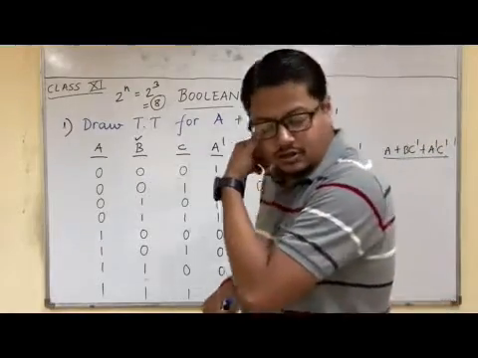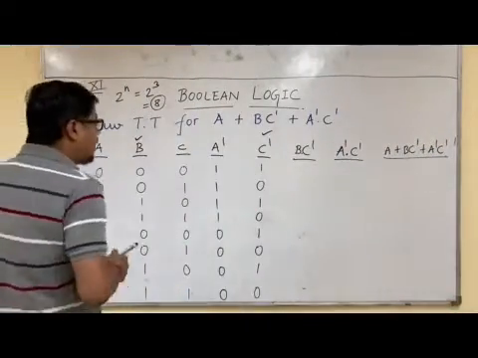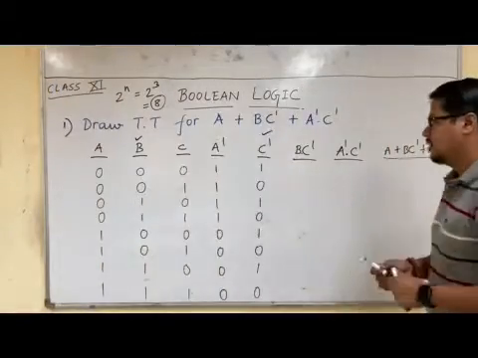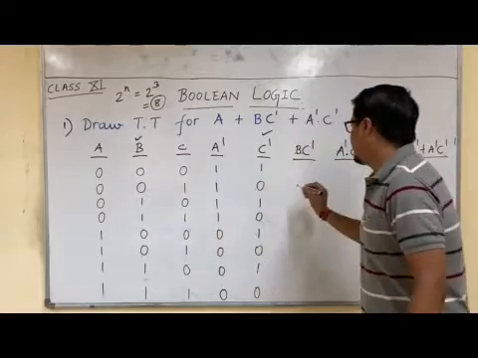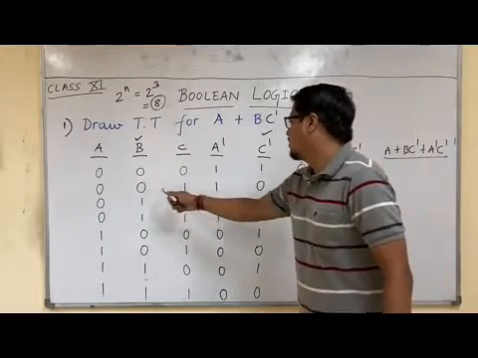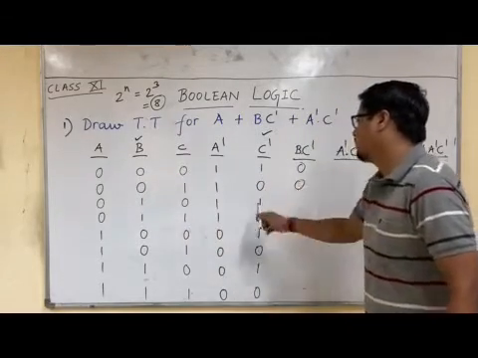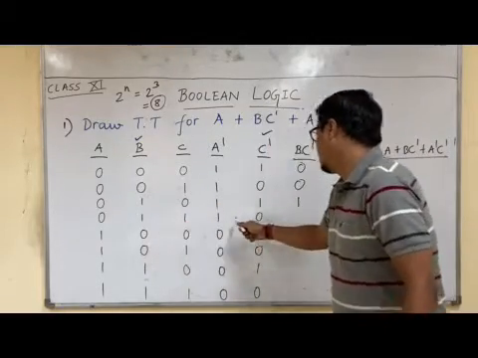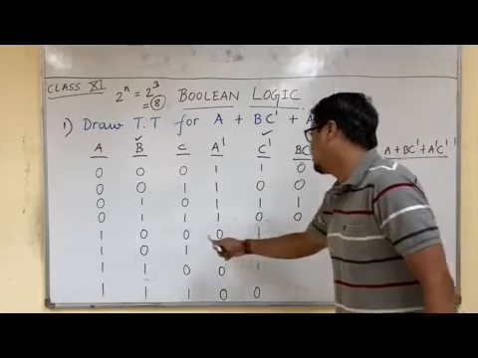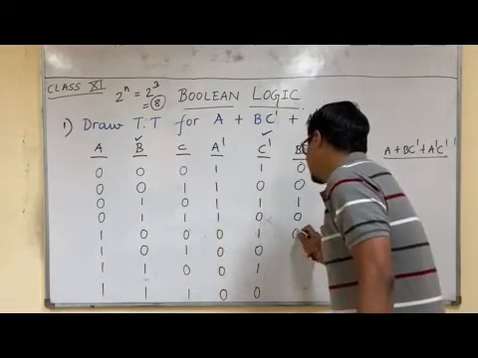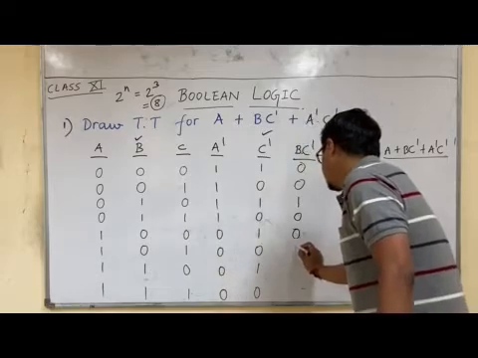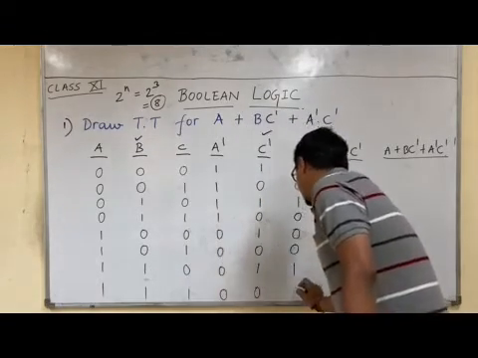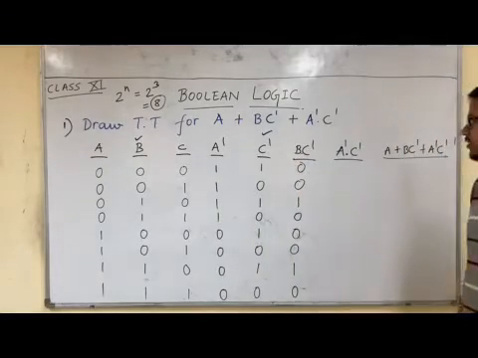If any input is 0, output will be 0. So now we need to concentrate on B C dash. Let us see. 0 and 1 is 0, 0 and 0 is 0, 1 and 1 is 1, 1 and 0 is 0, 0 and 1 is 0, 0 and 0 is 0, 1 and 1 is 1 and 1 and 0 is 0. Okay students, so I hope you are clear.